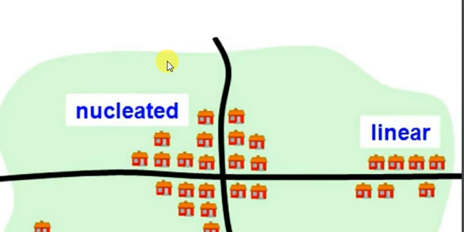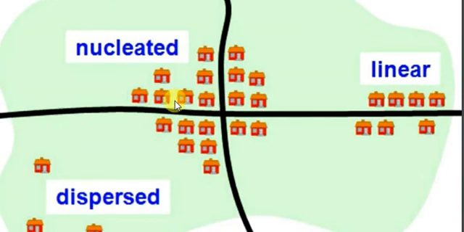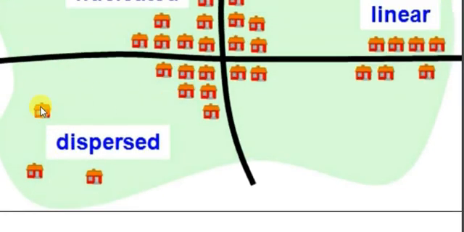Here you can see different types of settlement patterns, like the nucleated settlement pattern, where the houses are present in closer proximity to each other, closely around each other. This is called a nucleated settlement. This is the dispersed settlement pattern, where the houses are far apart from each other.